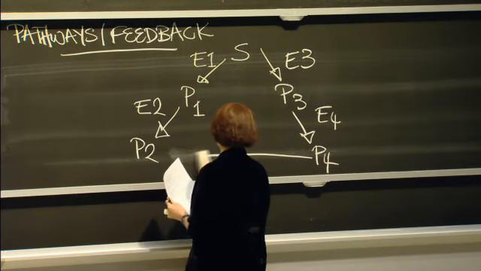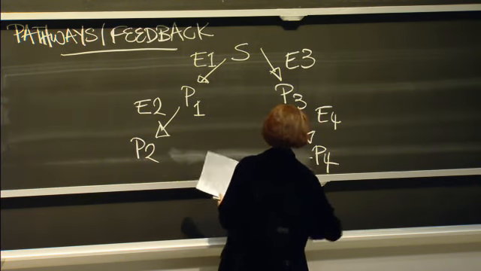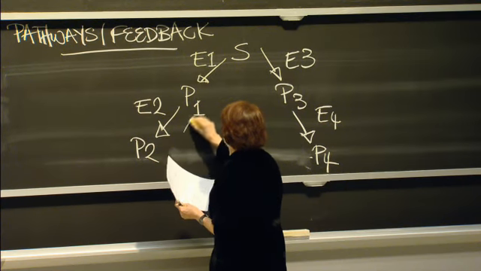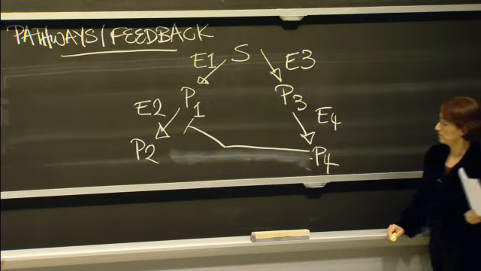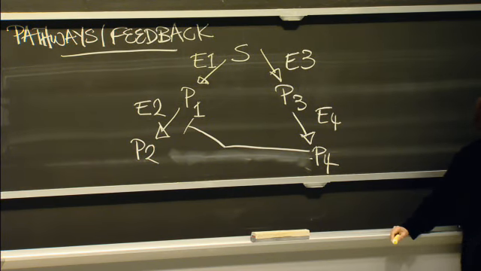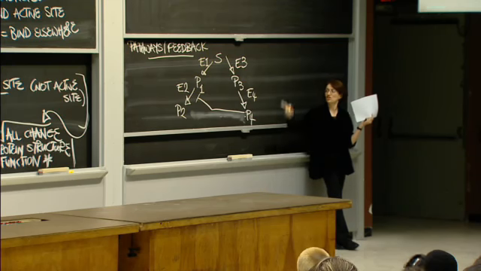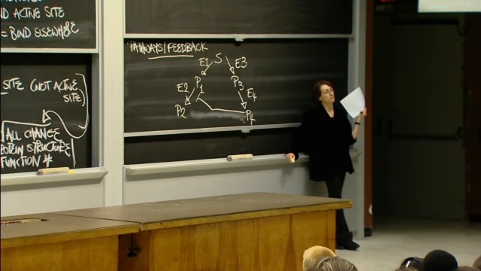In that case, you could draw a line like this. You can make it up, whatever you like. But for the example I'm giving you, I'm telling you that when you've got lots of product 4, it's going to shut off the other branch of the pathway.